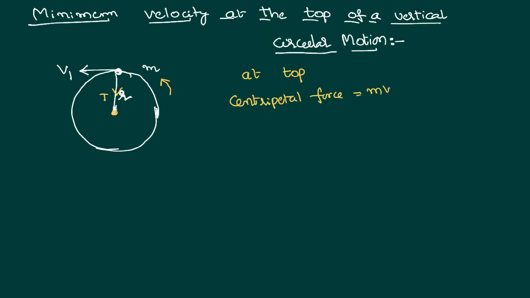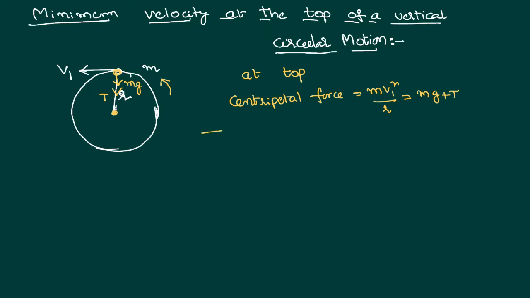If the velocity at the top is v1, m v1 square by r is, being a body having a mass m, its weight always obviously acts in the downward direction. So m v1 square by r is mg plus the tension, because both mg and tension are acting towards the center.